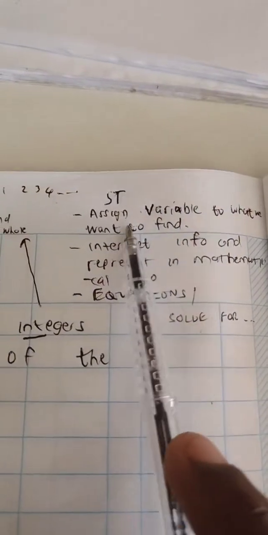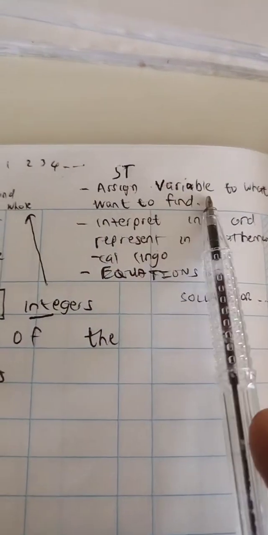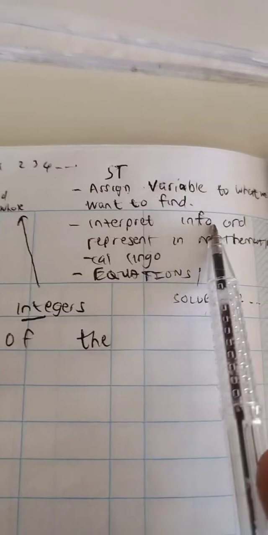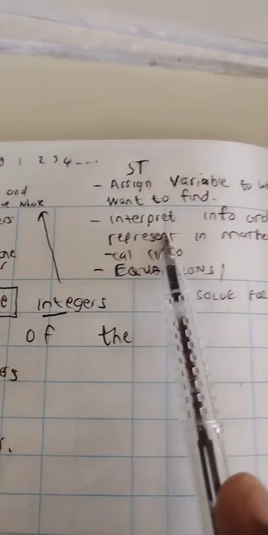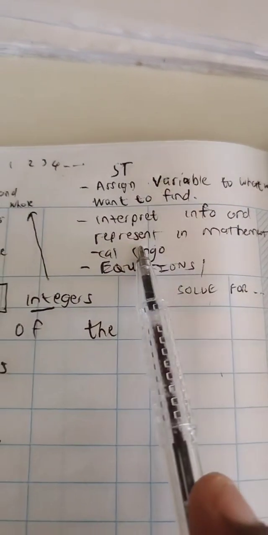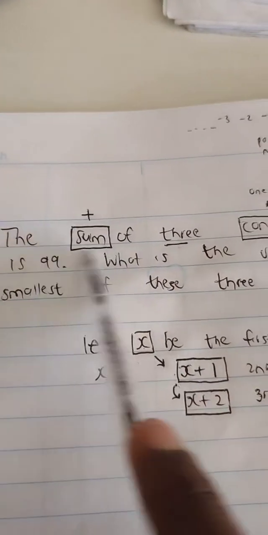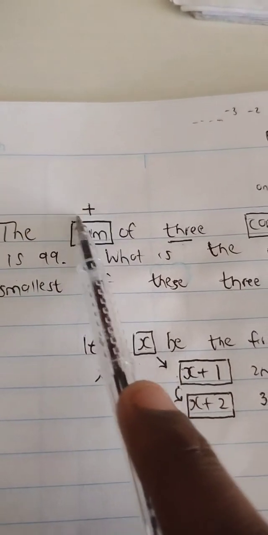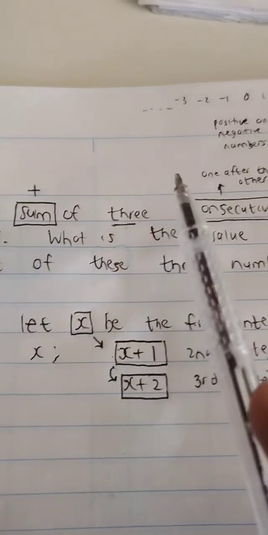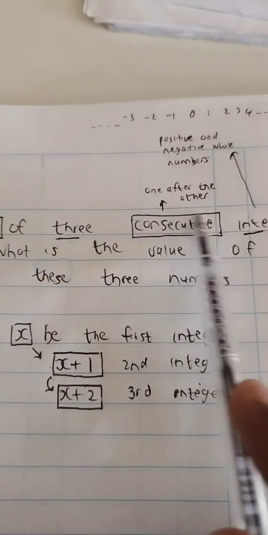Having assigned the variable to what we want to find, we are now going to interpret the info and represent it in mathematical lingo by setting up an equation. So let us interpret the sum. What does the sum mean? It means the addition of what? Of the 3 consecutive integers.